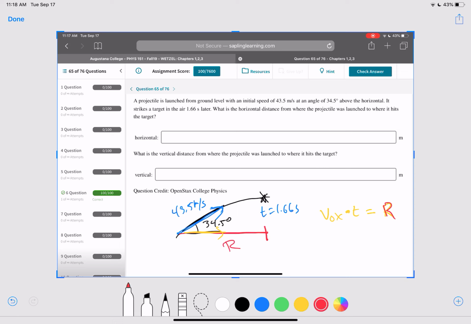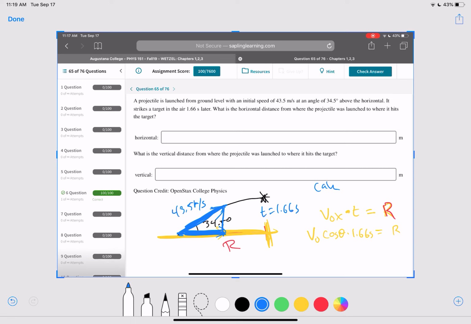We want the range. So that's just v0 cosine theta times 1.66 seconds. That's our hypotenuse, and that's our x component, adjacent over hypotenuse, that's cosine. SOH CAH TOA, okay, adjacent over hypotenuse.